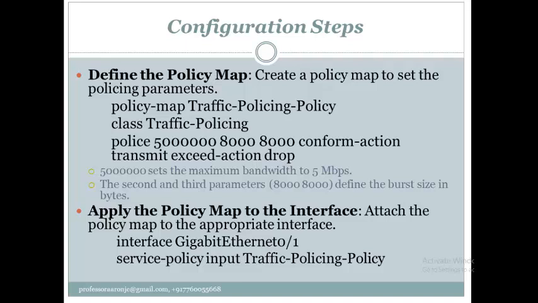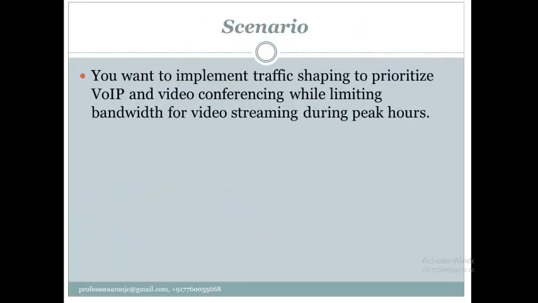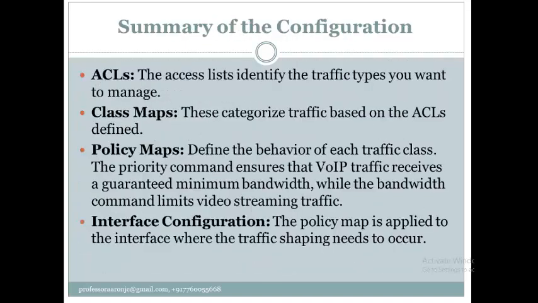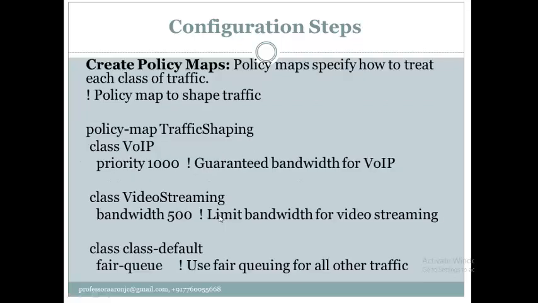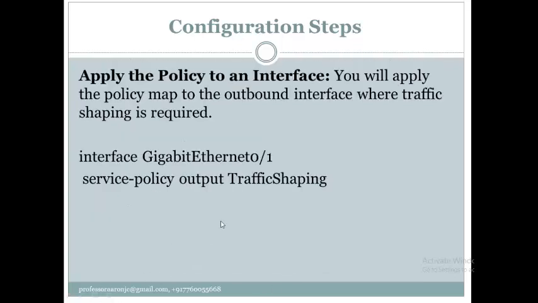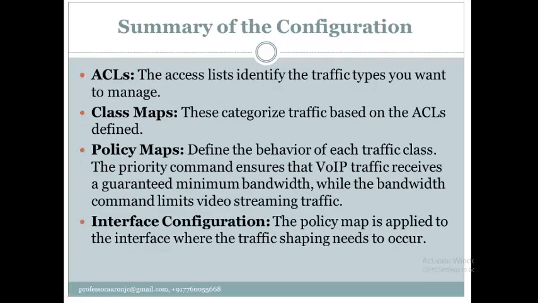So this is the summary of the configuration which we have seen on the previous page. Access list, class map. Inside the policy map, you call the class map, and then you set the priority queue. You set the bandwidth for the video traffic, and then for the excess, you set the fair queue. At last, you assign it to the interface outbound. All right. So you can read it yourself.